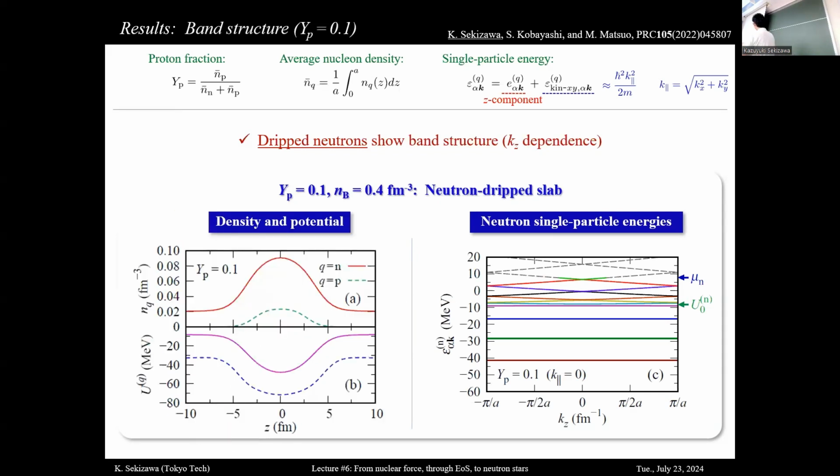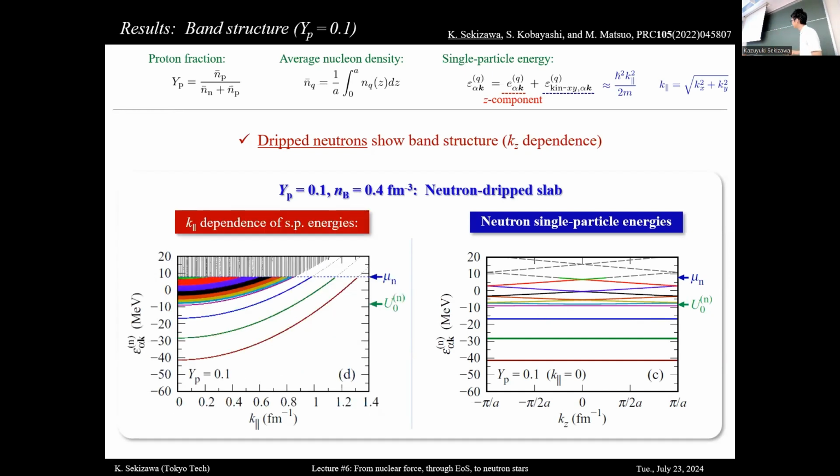In this case, since you have dripped neutrons outside the slab, you have occupied neutrons even outside of the nuclear potential. And in those cases, you have some single particle energy levels which depend on the Bloch wave number. Thus, those are the so-called band structure.